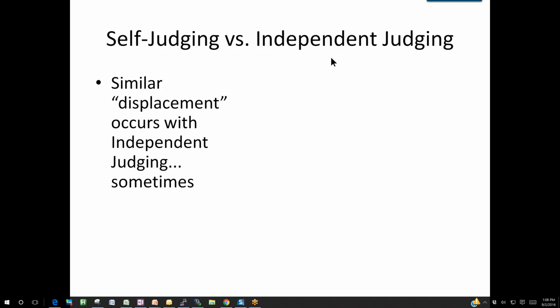One of the things which has become clear to me through all the years that I did independent judging is this concept called displacement, where a remote viewer will get a good description of the wrong target. It happens with independent judging.